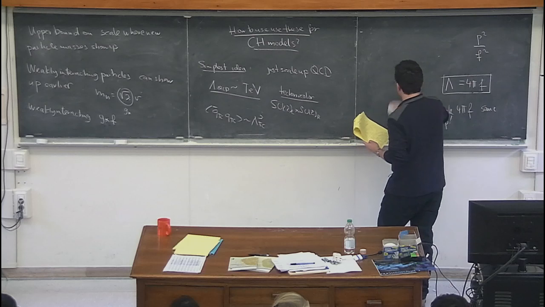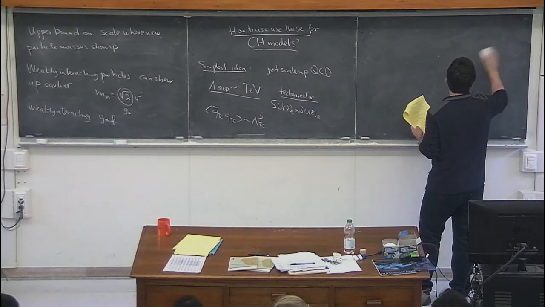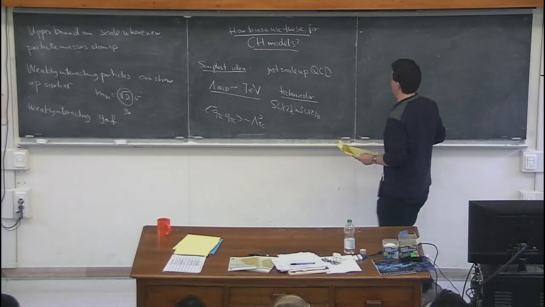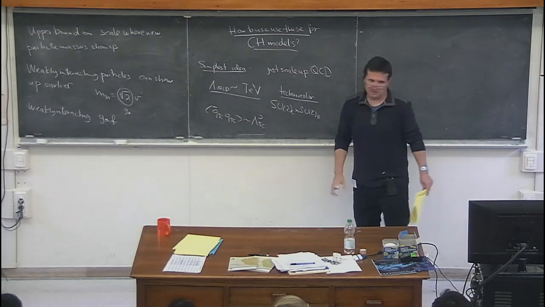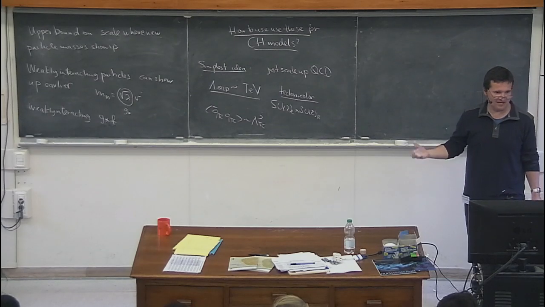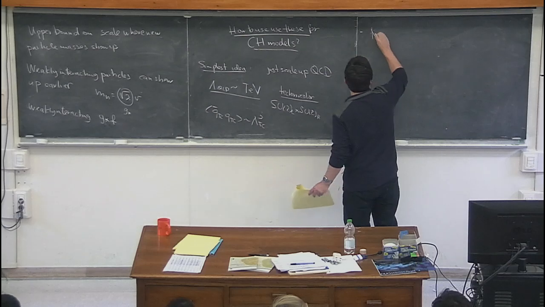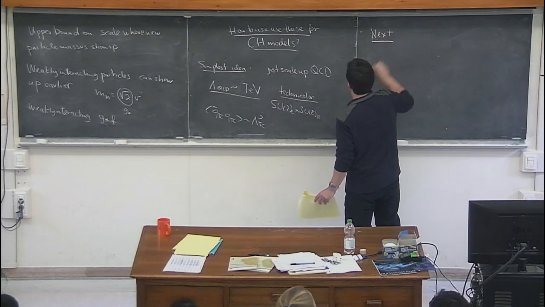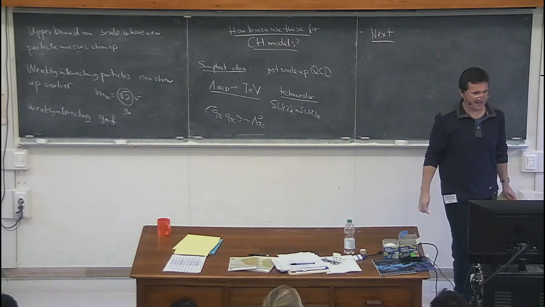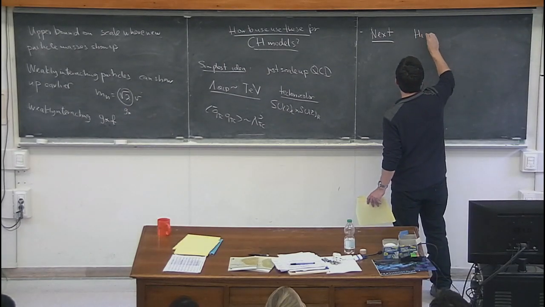Now, okay, so the next direction would be to say, we still want to use some strong dynamics to break the electroweak symmetry, but not in the direct way like with Technicolor, but rather we make the Higgs a composite.